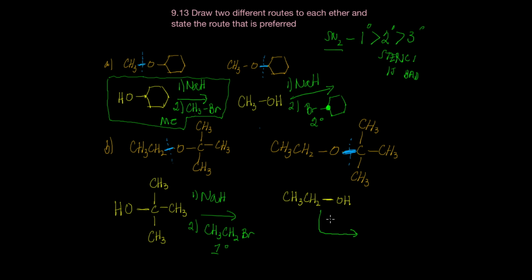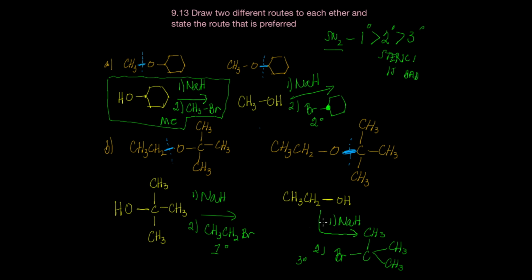Treat this first with sodium hydride, and then we would add this alkyl group with the halogen leaving group. Bromine or chlorine or iodine are good leaving groups. I just choose bromine typically. And this alkyl halide is tertiary because that carbon's bonded to three groups.